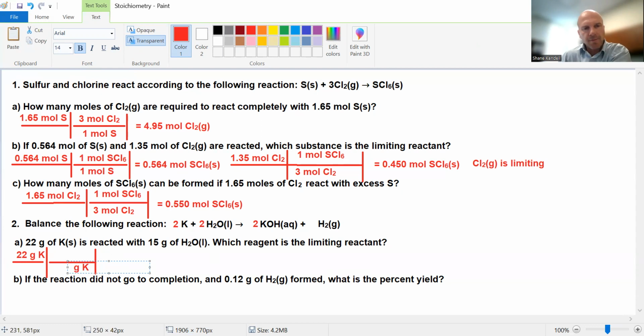Now what I have to do is to think about what I need to do to relate one quantity to another. I can't relate a gram to a gram in the case of a chemical reaction. And the reason you can't is because if we look at the equation, when we're relating the potassium to the water, these aren't gram to gram relationships. They're mole to mole relationships.